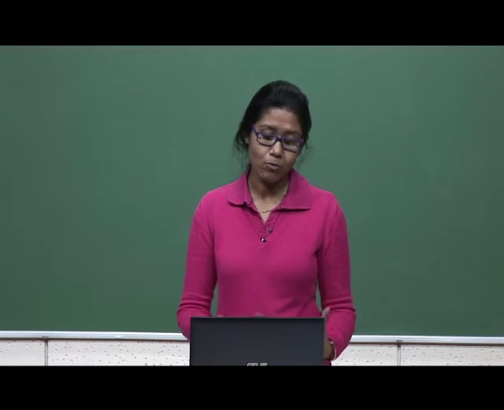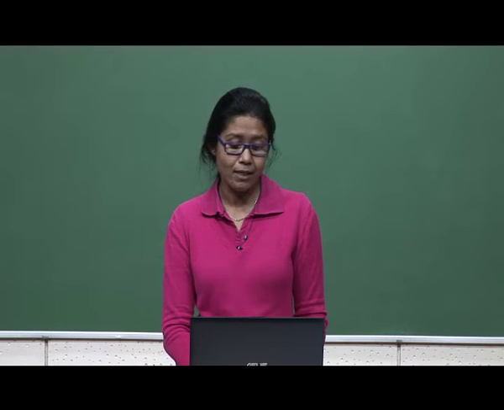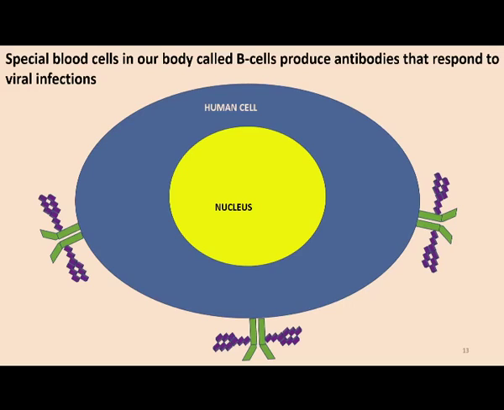When we would like to study these antibodies or how they are produced, we again have to look at the human cells that produce them. In this case, these cells are called B cells. The B cells are the cells in our body that produce these antibodies.